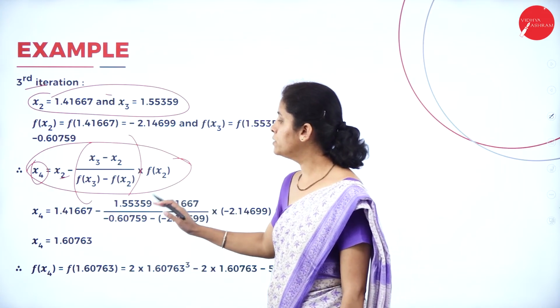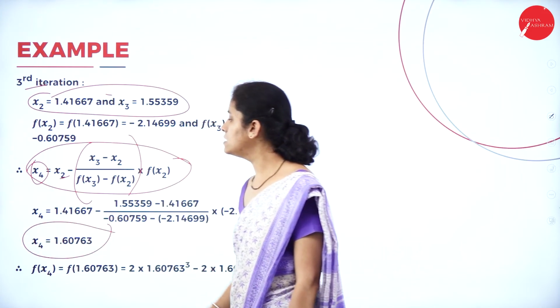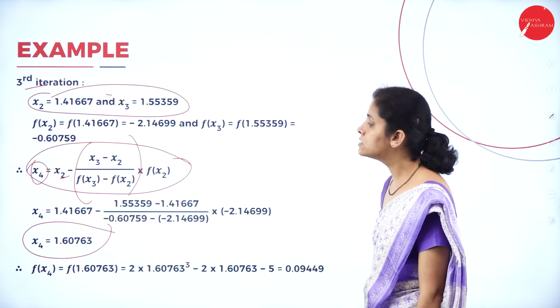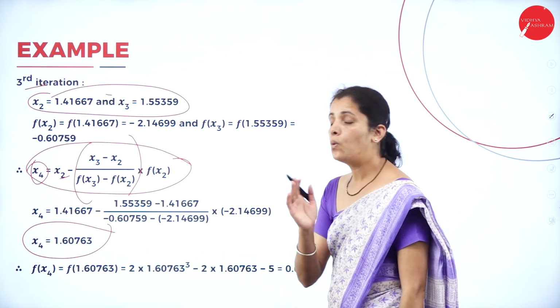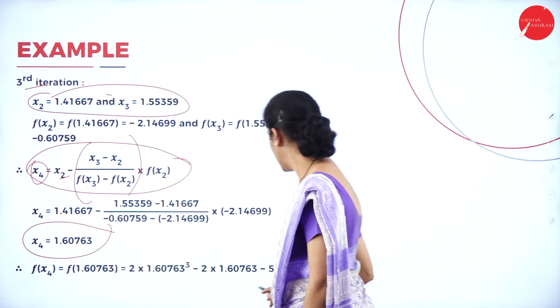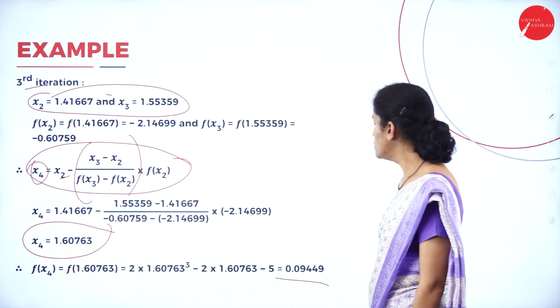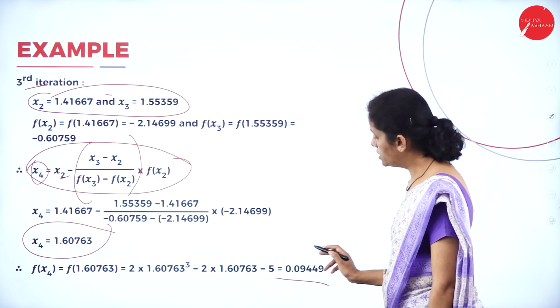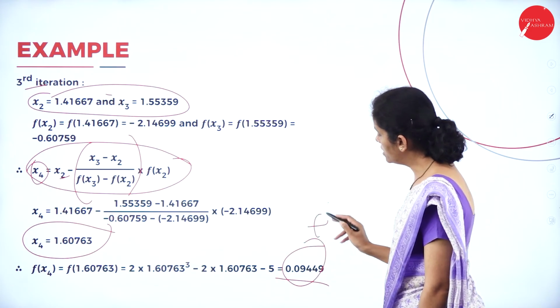And when I substitute the value, I'm going to get my x4 is 1.6073. And what is my f of x4? That is 0.09449. Now, which is not equal to 0.